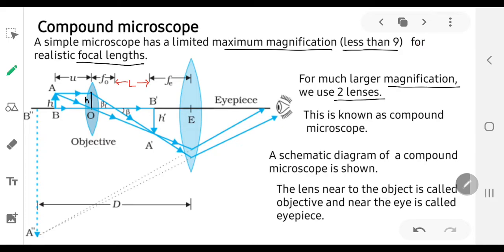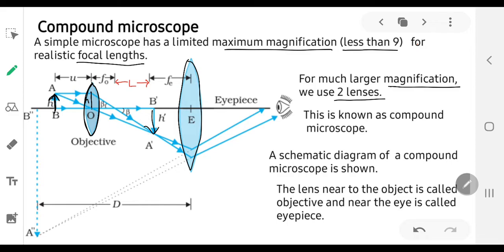The schematic diagram of the compound microscope is shown here. It has two lenses. The one which is nearer to the object is called the objective, and the other lens which is nearer to the eye is called the eyepiece. So what is the job of these two lenses? The first lens is going to form the image of the object.